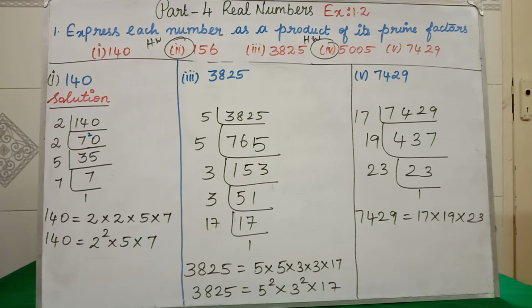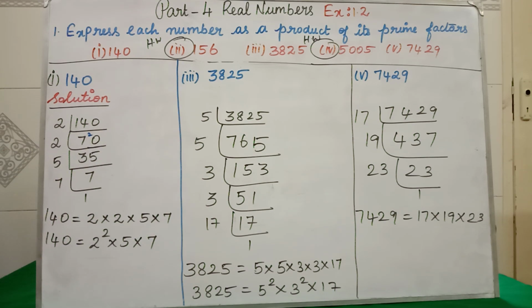Now we will see exercise 1.2. First question: express each number as a product of its prime factors. This is very easy. We have done this in lower classes. From 6th standard onwards we have learned prime factorization. The same thing we are going to do here. First question is 140. We do normal prime factorization.